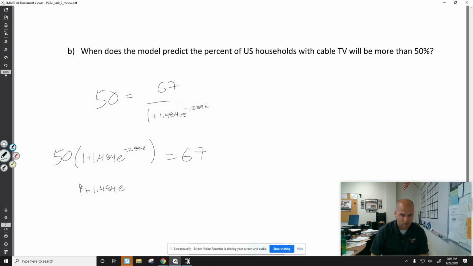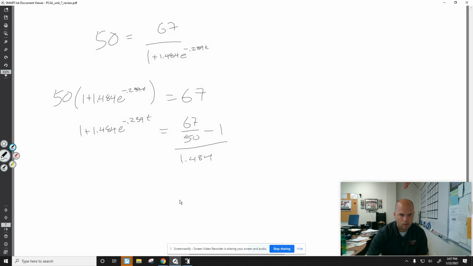You might distribute, and you'll still get the same answer, but if you divide by 50, it might be a little nicer. Subtract the 1, divide by 1.484. That gives me e to the negative 0.239t equals that.